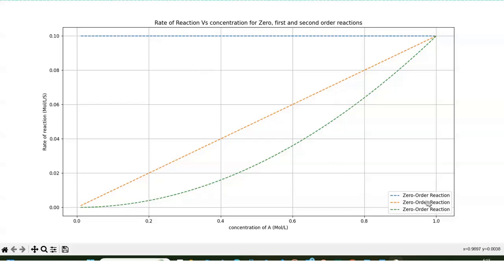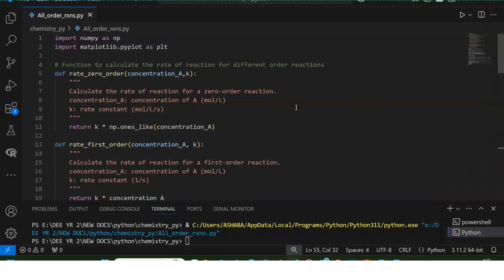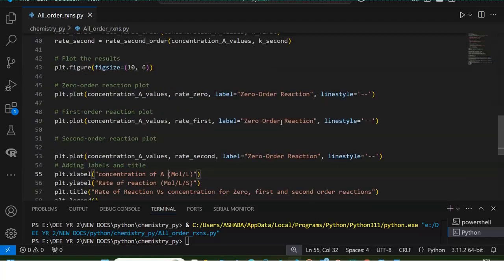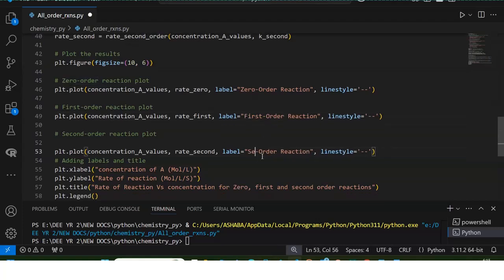Let's go back and do the editing. The problem is coming from here. So this is going to be first order, then this is going to be second order. So we save and run again.